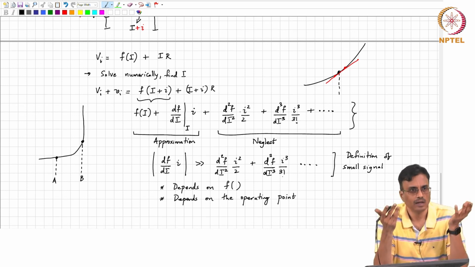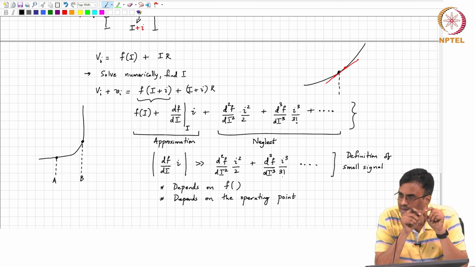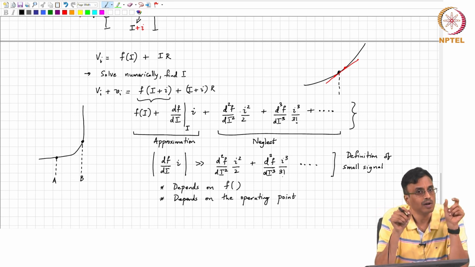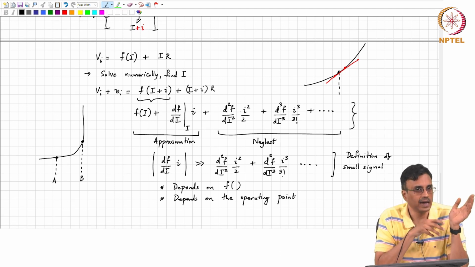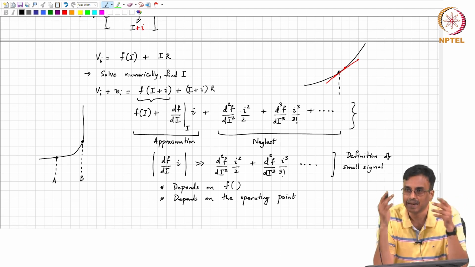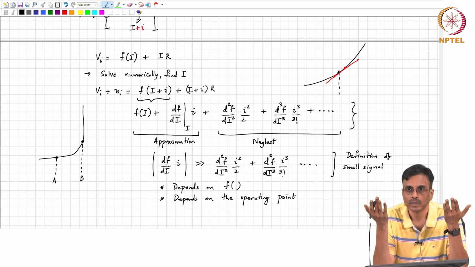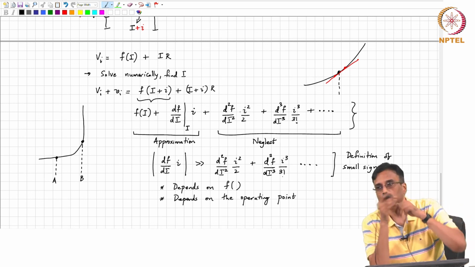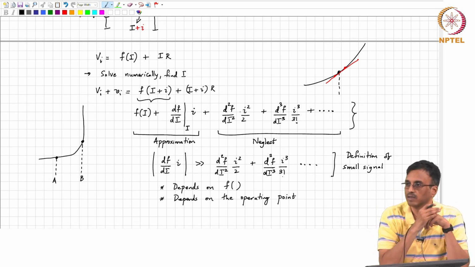At each operating point there is a limit for what constitutes a small signal. For which of these operating points, A and B, will that limit be larger? A. Why? Well, A looks like a lot more linear, whereas B is curving like this.